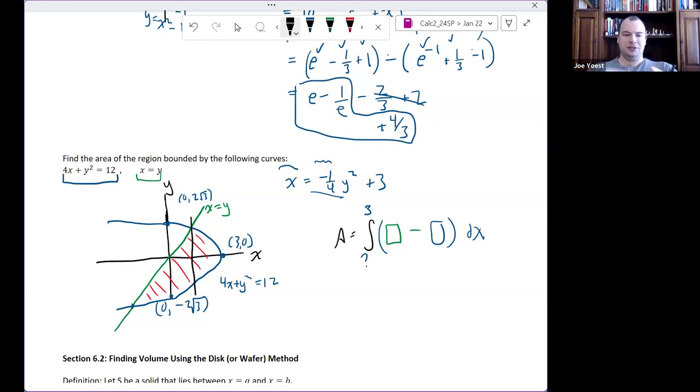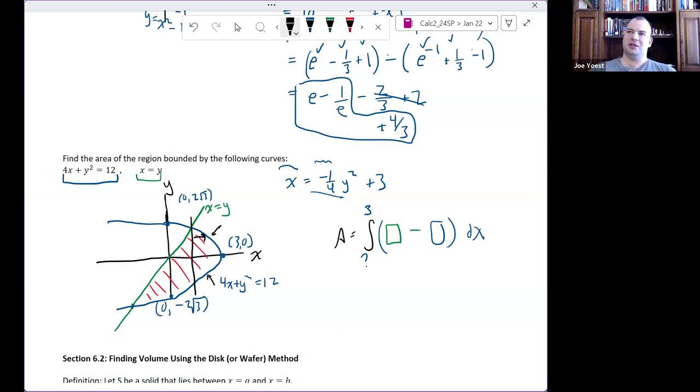The green is the top function, the blue is the bottom function over that whole interval. But when I get to the right of that x value of that intersection there, well, now the green function is no longer the upper bound for my region. It's actually the top half of the blue function that is the upper bound, and the bottom half of the blue function is the lower bound.